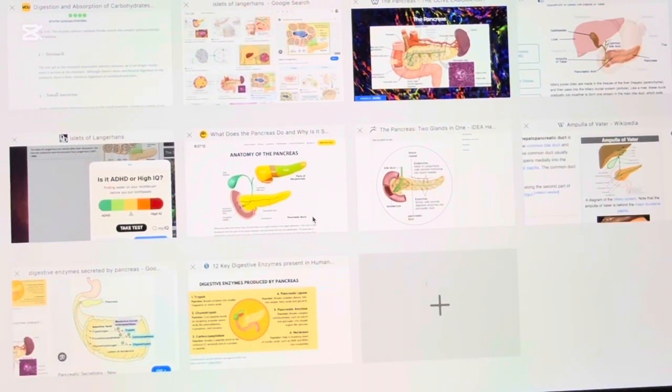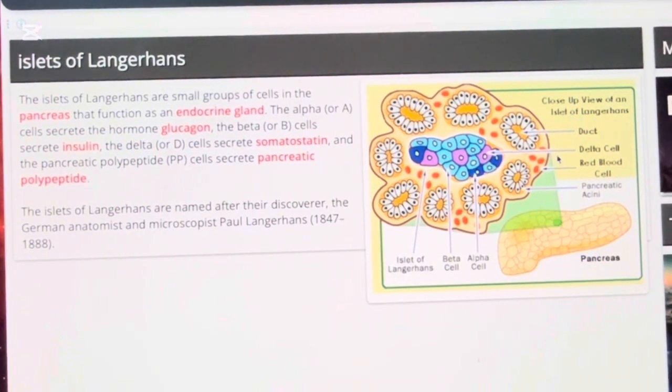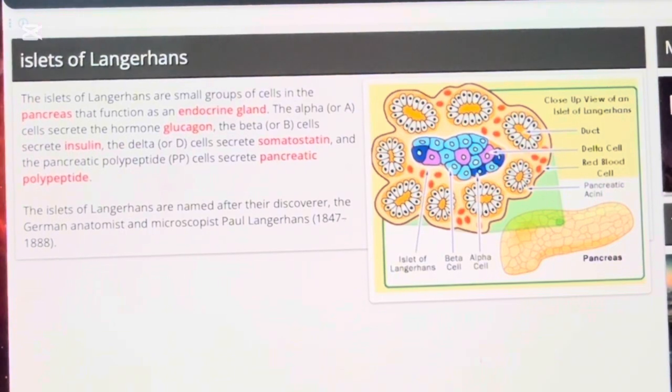The next thing you should know is that the pancreas has both endocrine and exocrine functions. Endocrine is mainly associated with the production of hormones, whereas exocrine is mainly associated with the production of digestive enzymes. As an endocrine gland, our pancreas has a group of cells sitting right in the middle, which looks like an island.